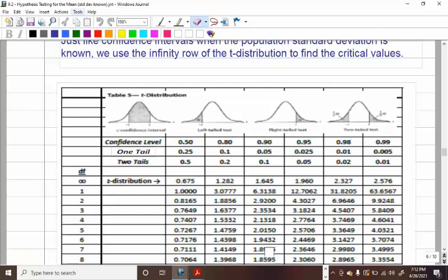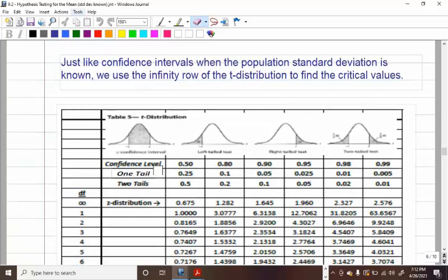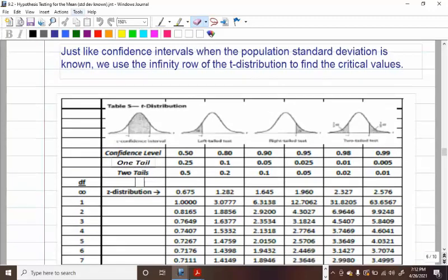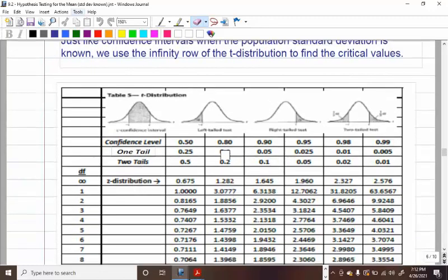Now the confidence level stuff was pretty straightforward, and you take everything off the top row. Now this one's a little trickier because you have to choose between one of two rows. And notice there's some similar numbers there, like 0.1, 0.1, 0.05, 0.05, 0.01, 0.01. So you've got to choose the right row.